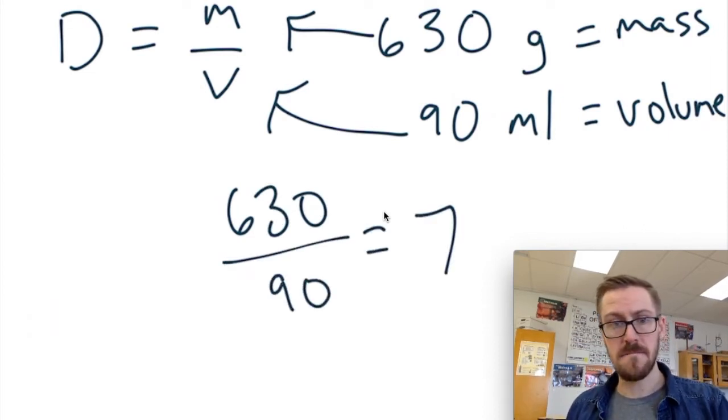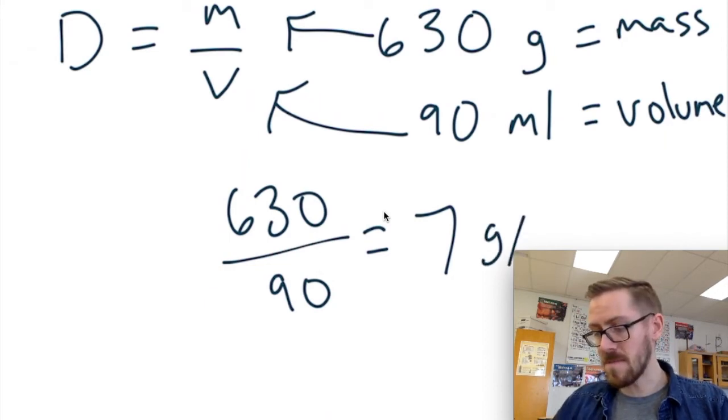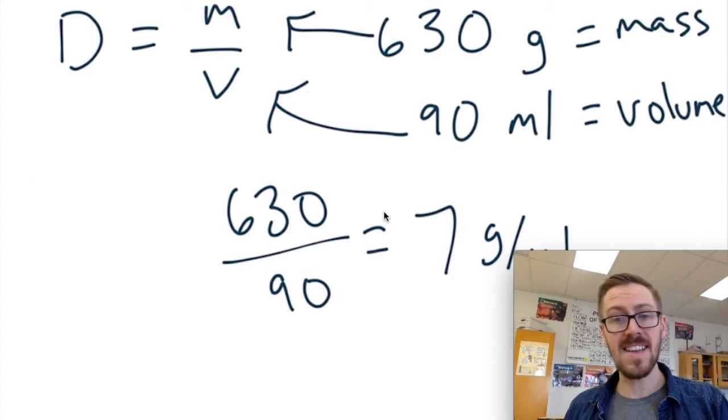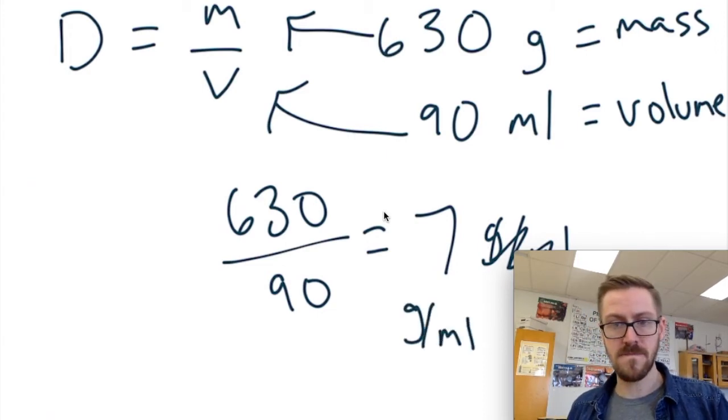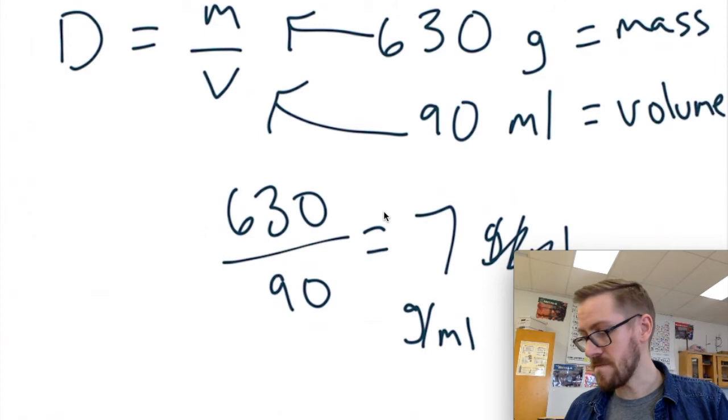That's our number. You run that through a calculator, and then that's going to be grams per milliliter. Easy peasy, lemon squeezy. See that my face is in the way, but I'll cross it out. Grams per milliliter.